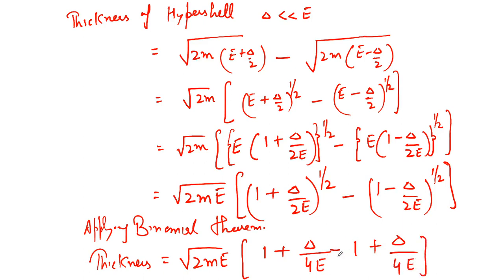You can see that the 1 and 1 get cancelled out, and what we are left with is under root of 2me into 2 delta over 4e.